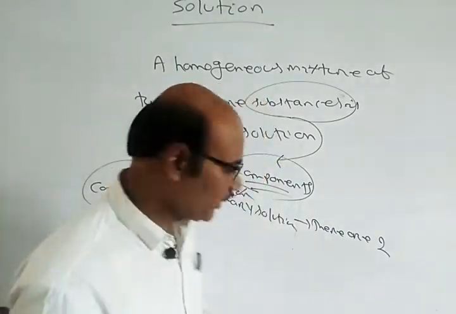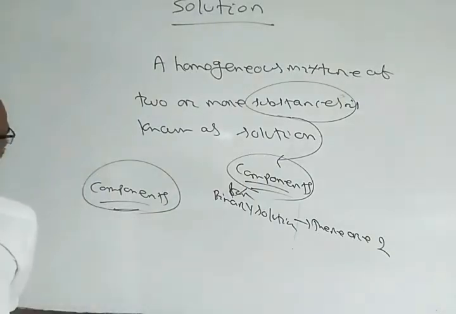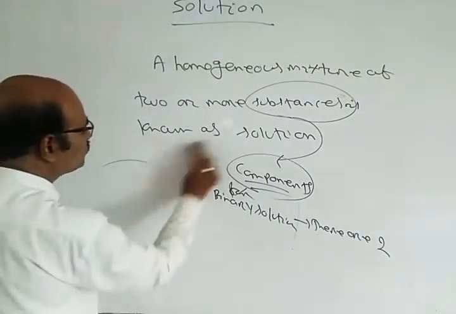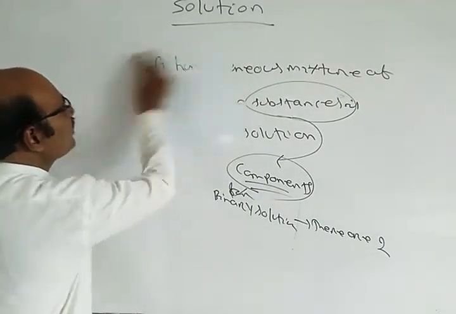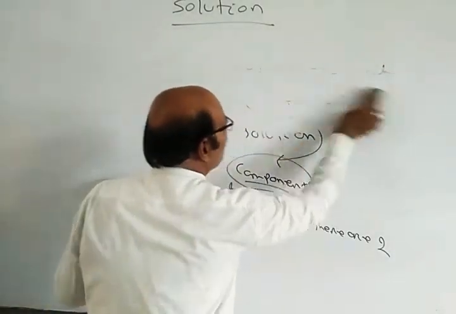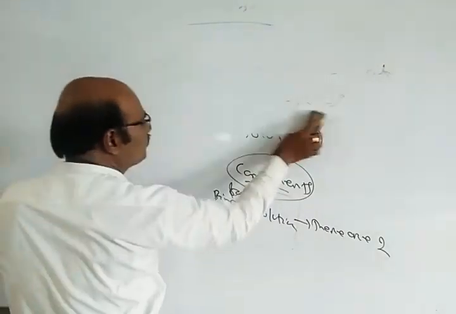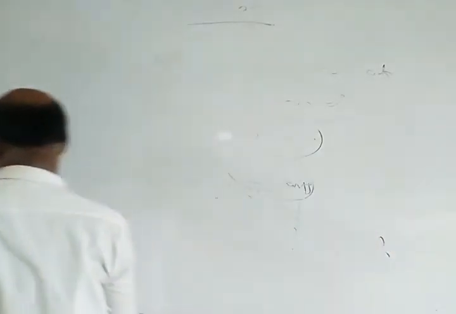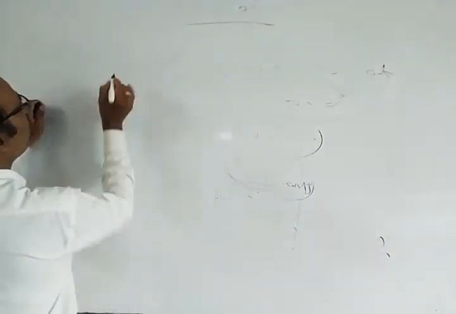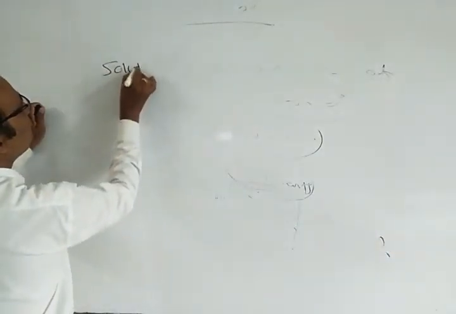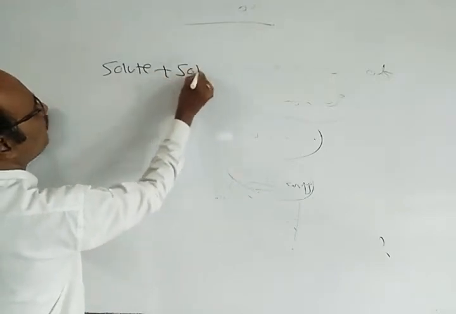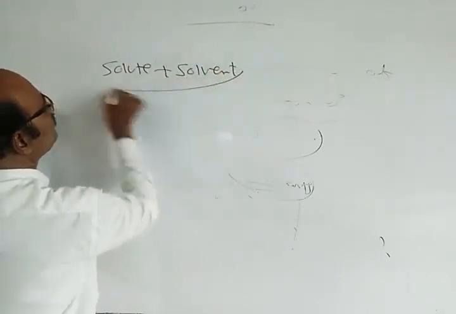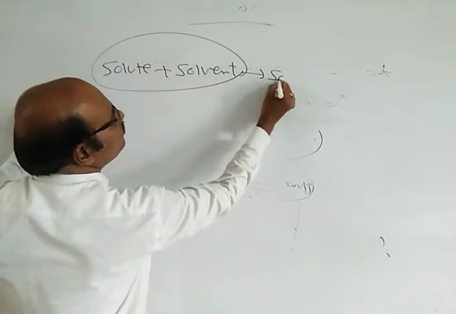Now we can say a solution is a homogeneous mixture of solute and solvent. So solute plus solvent is equal to solution.